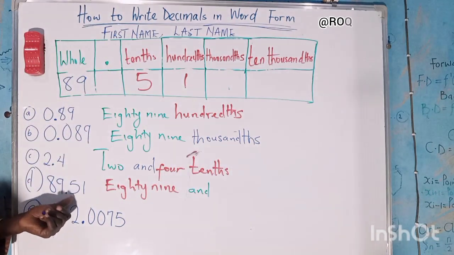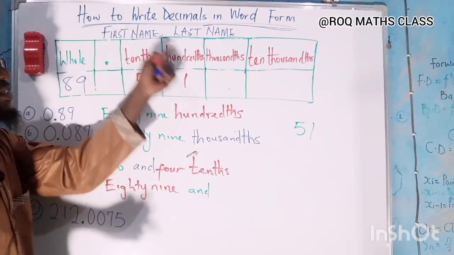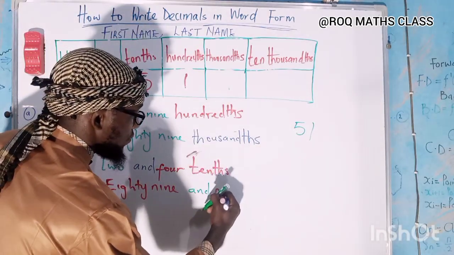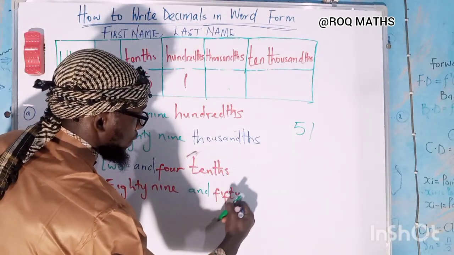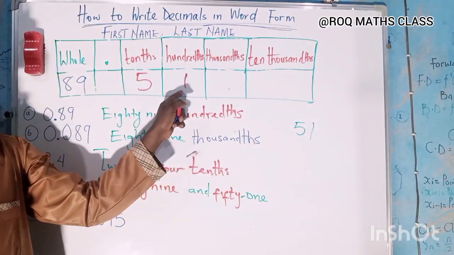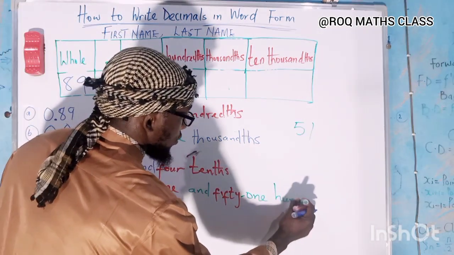After that, we have 51. If you want to pronounce it by using the first name, what is 51? 51. Let us write 51 outside: 51. Now what is the place value of the 1? I have hundredths. So it is 89 and 51 hundredths.